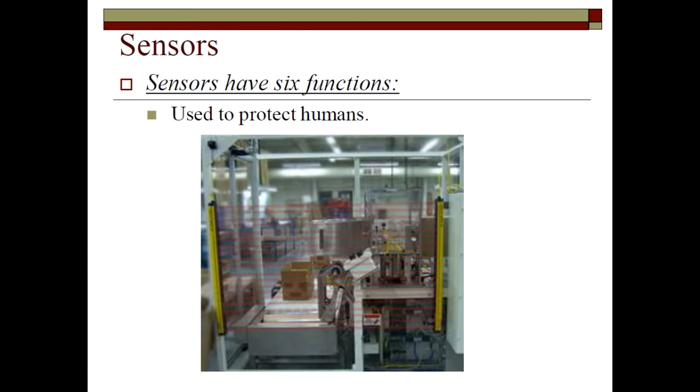Like I say, emergency stop buttons always use a normally closed sort of thing because they're looking for that high voltage. And for whatever reason, if that high voltage disappears and it goes to a 0, then hey, there's a problem.